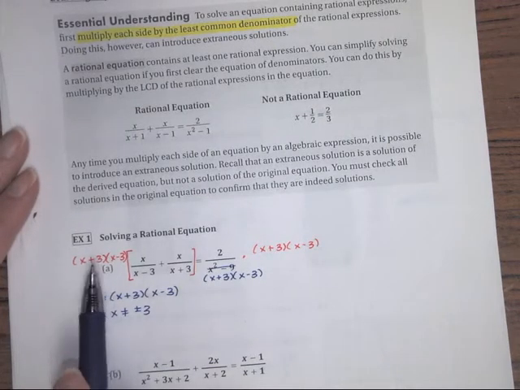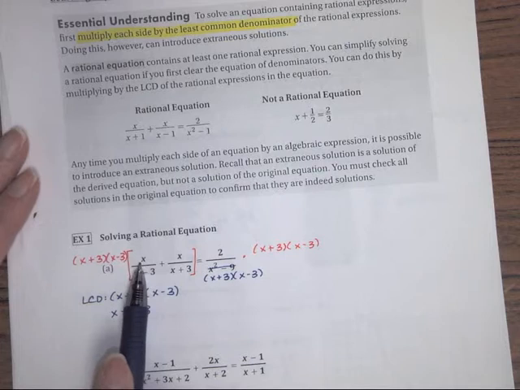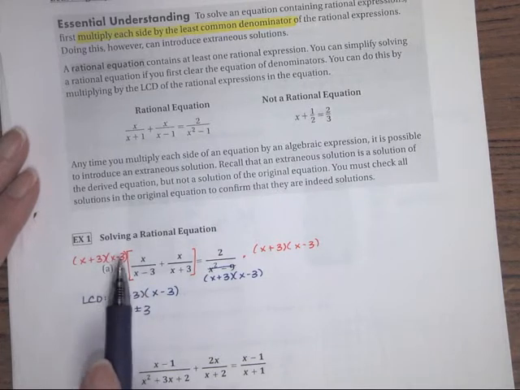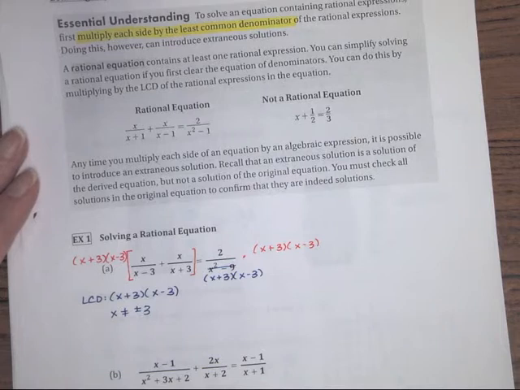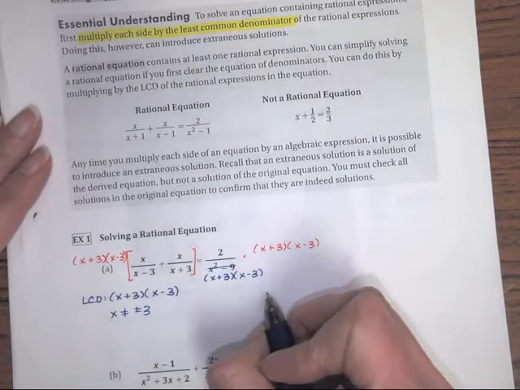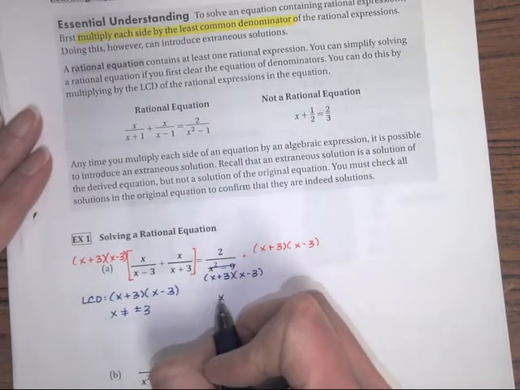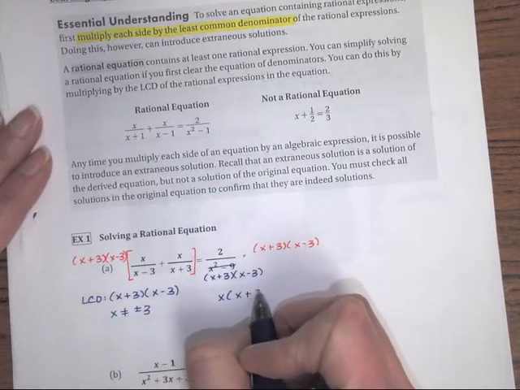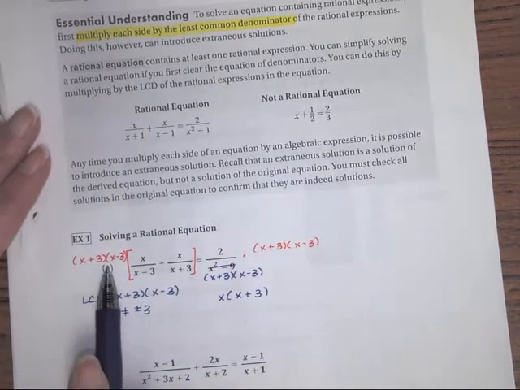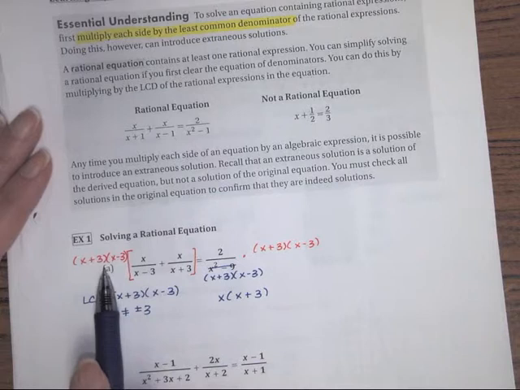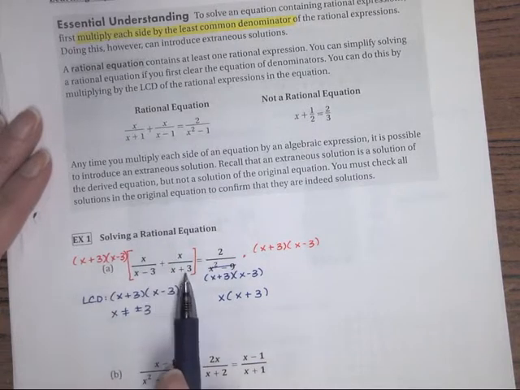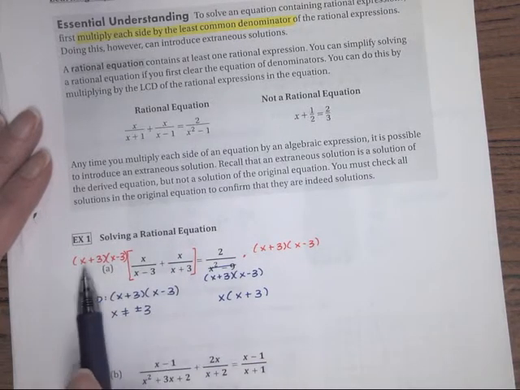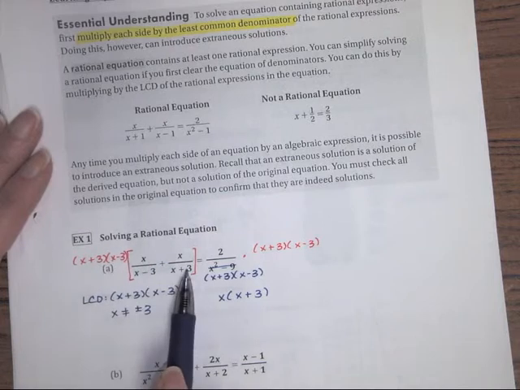So when we distribute this whole thing to here, would you agree the x minus 3's cancel out, right? Yes. Okay. So what you're left with is going to be x plus 3. Now, you have to still distribute the entire thing over to here. And would you agree, when you distribute this whole thing over to here, the x plus 3's cancel out, right?